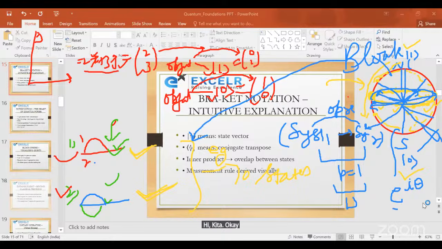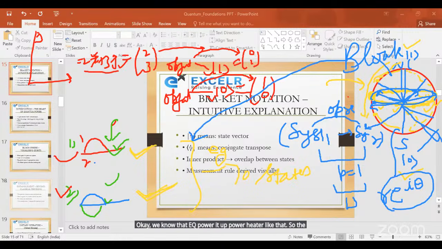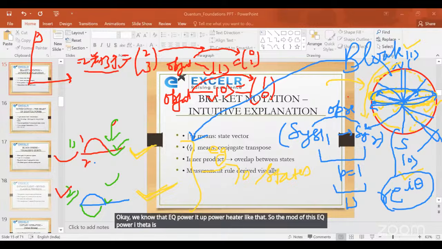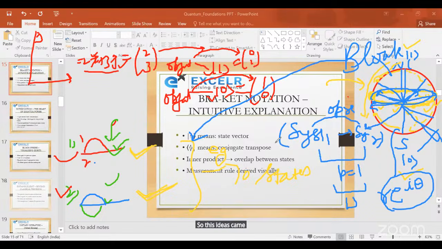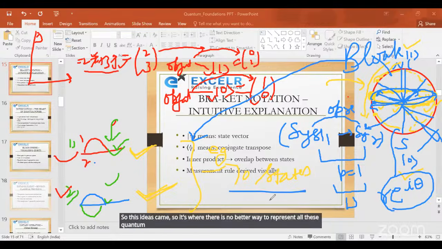The mod of e to the power i theta is always one, just as sin square theta plus cos square theta is one. So there is no better way to represent all these quantum states, 70 states, 100 states, 200 states, than the Bloch sphere.